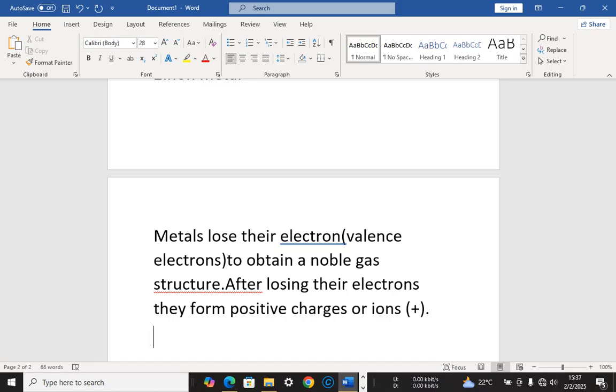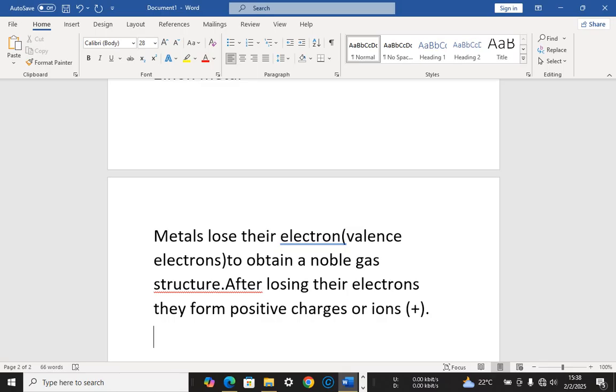Metals, after losing their electrons, these electrons are usually gained by some non-metals, because non-metals usually gain electrons. Non-metals gain electrons, while metals lose electrons.